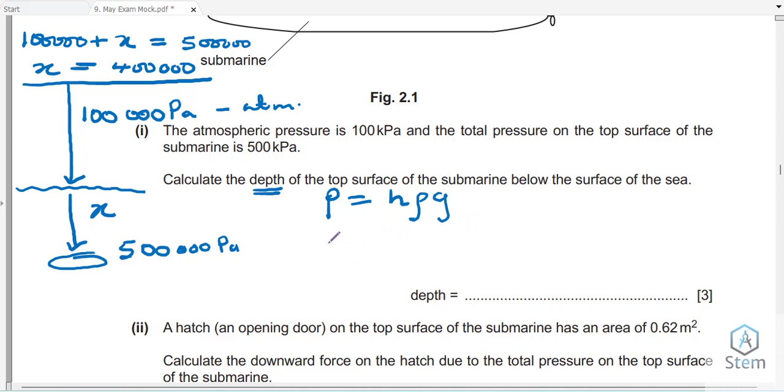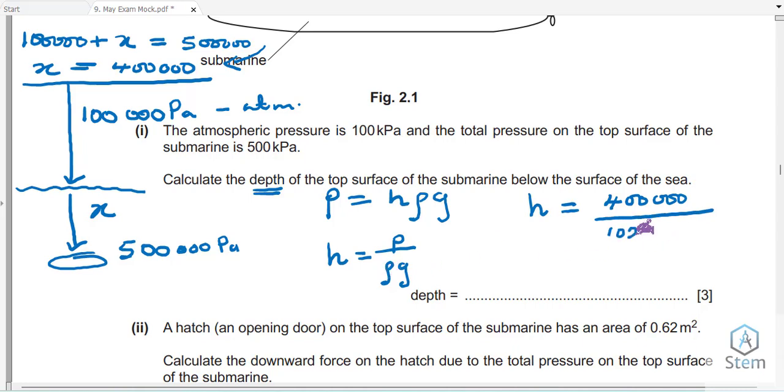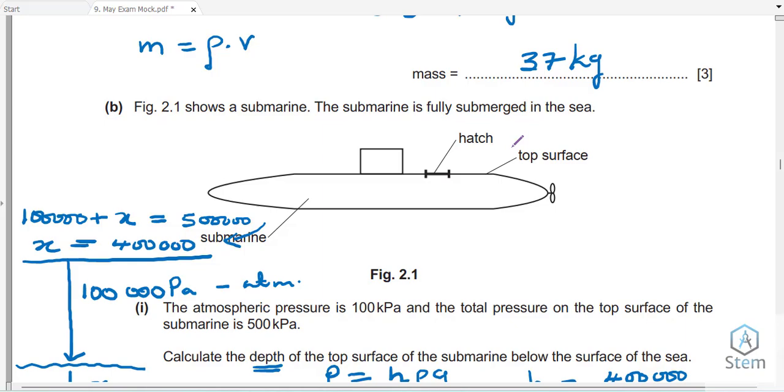So we make H the subject of the formula. H equal to pressure divided by rho G. We use the pressure of water alone, which is 400,000 pascals. And we divide that by rho, which is 1020. The rho is the density, and it has been given up here.